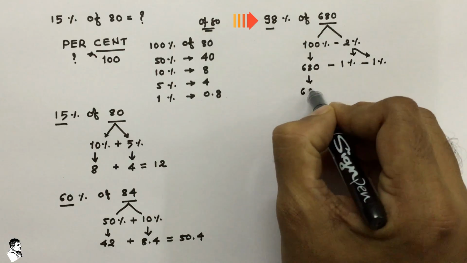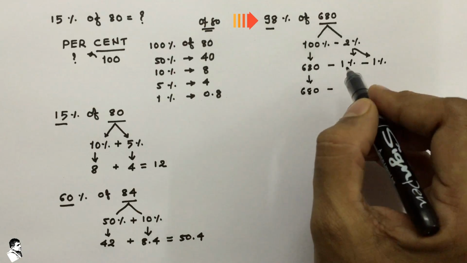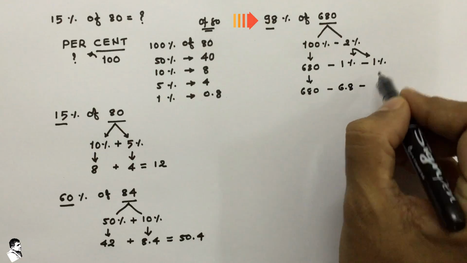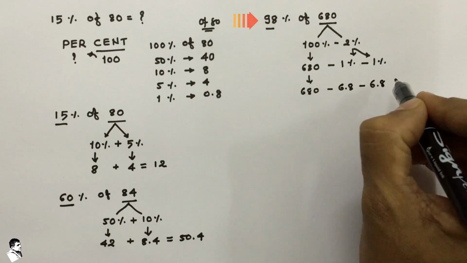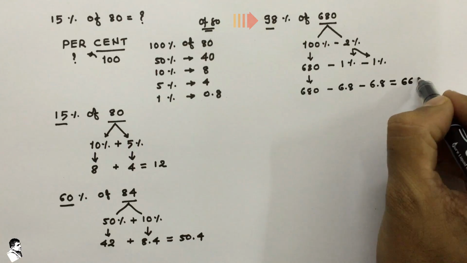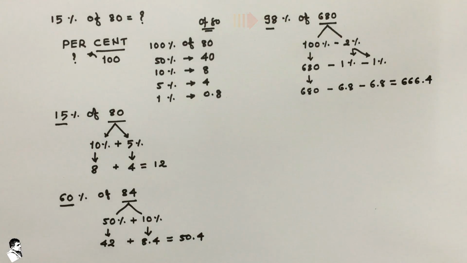So now 680 remains as it is, minus 1% of 680, that is 6.8. Now it is very easy, again 6.8, and the answer will be 666.4.